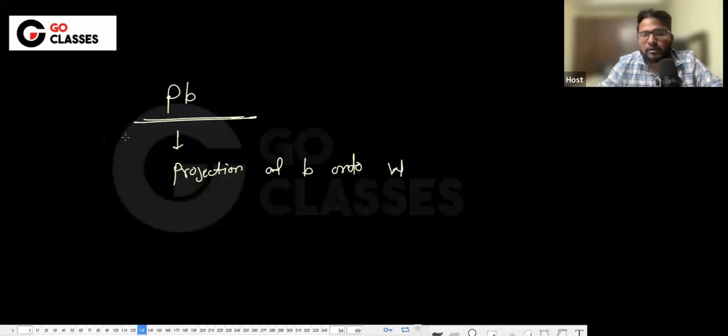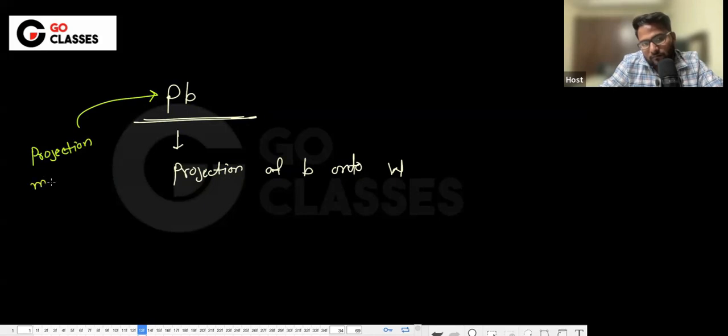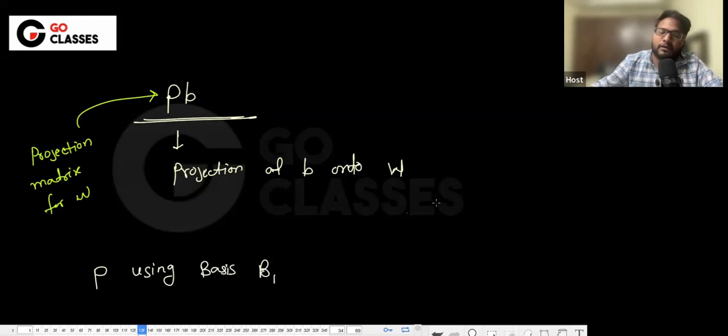This P B is a projection onto W, and capital P is the projection matrix for W. Let's suppose I calculate this capital P using basis B1, and let's suppose I calculate this capital P using basis B2.